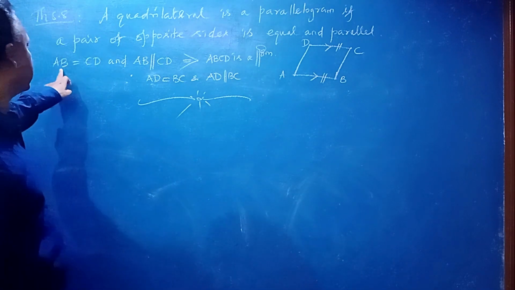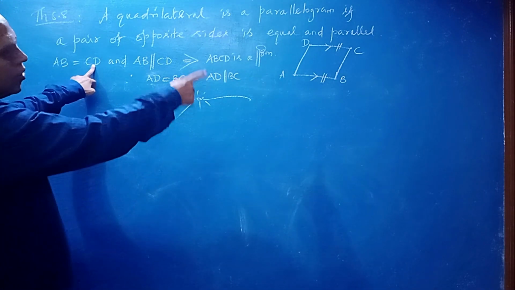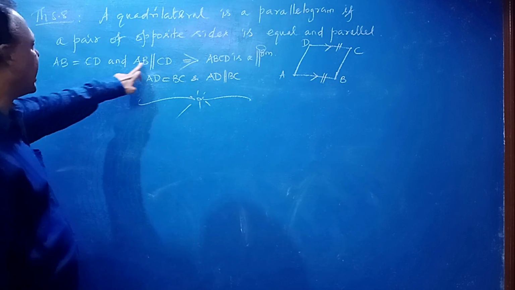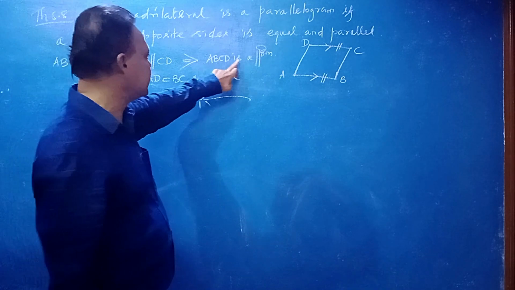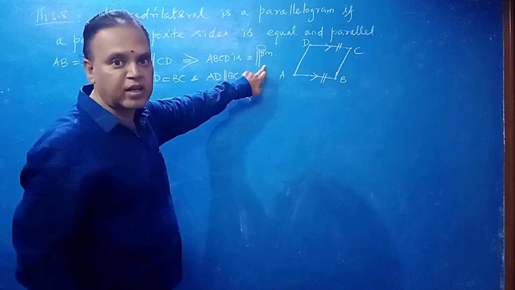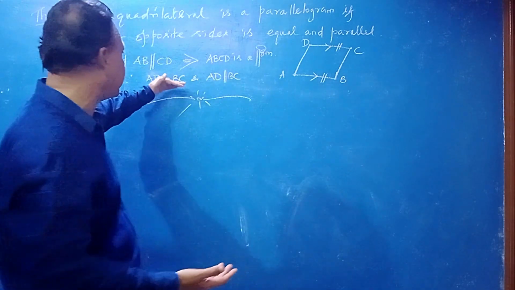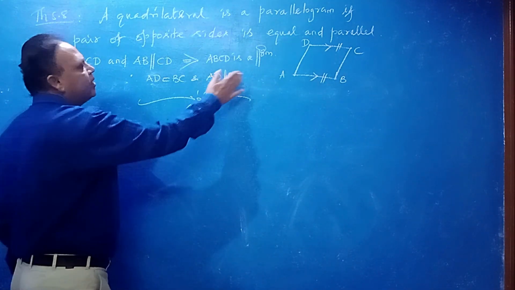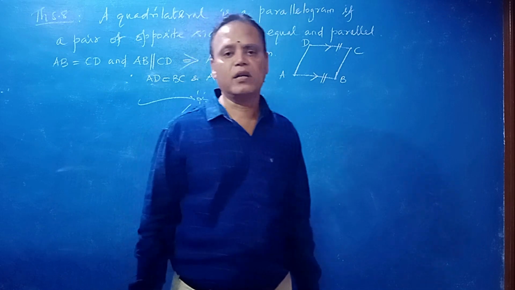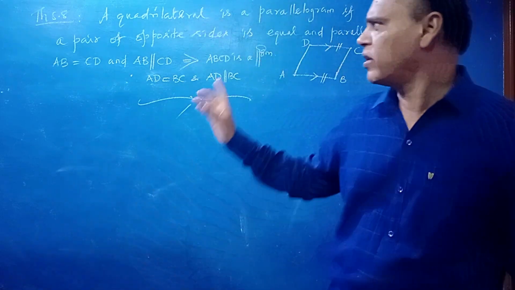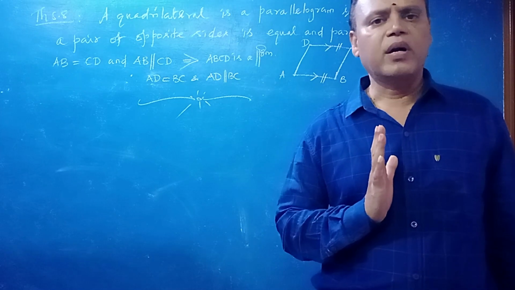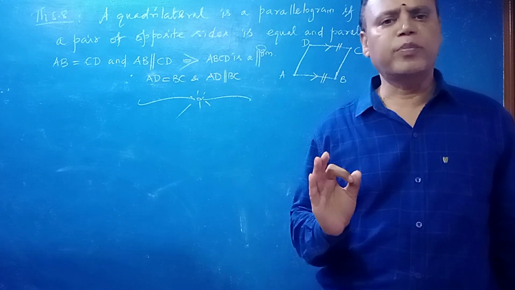You see AB equal to CD, one pair of opposite sides equal and parallel, then you can say ABCD is a parallelogram. Then the other pair will automatically be equal and parallel. So this is a very important result. You are going to use this result in problems. So you have to remember.